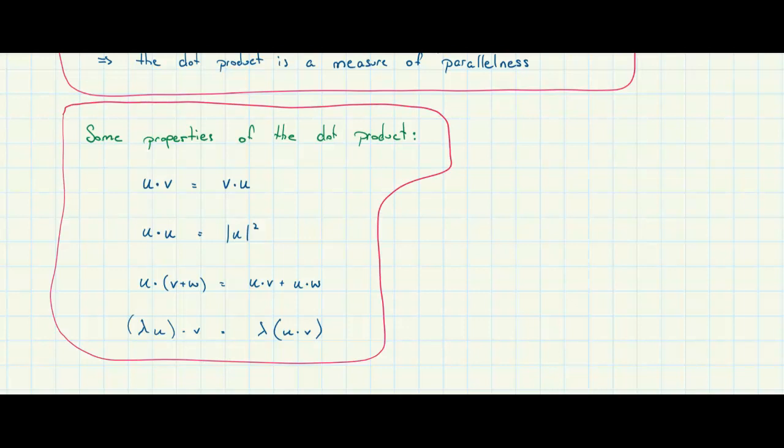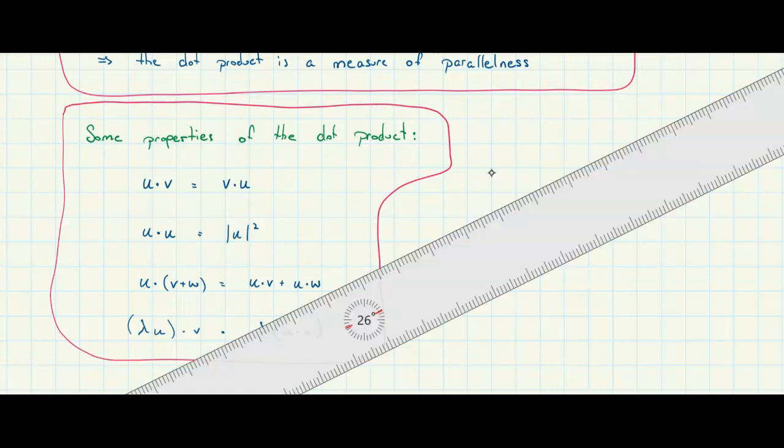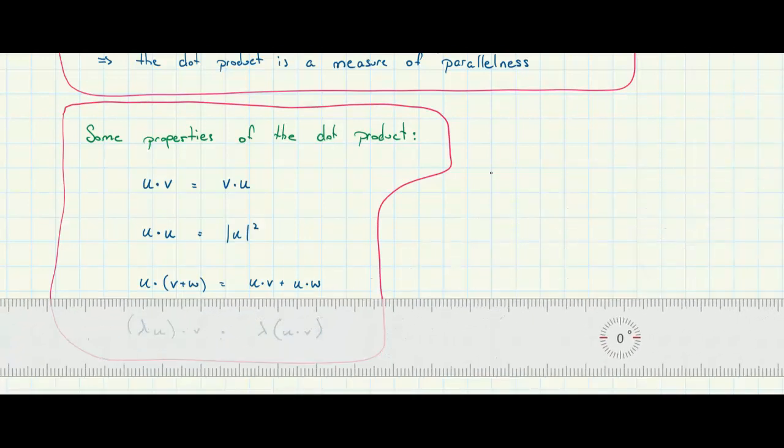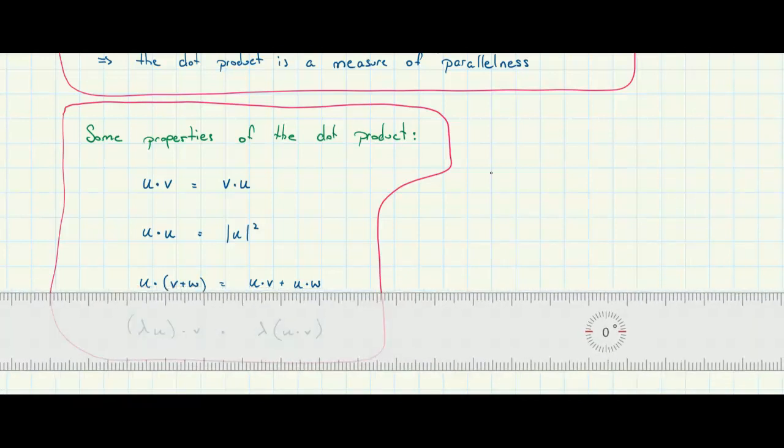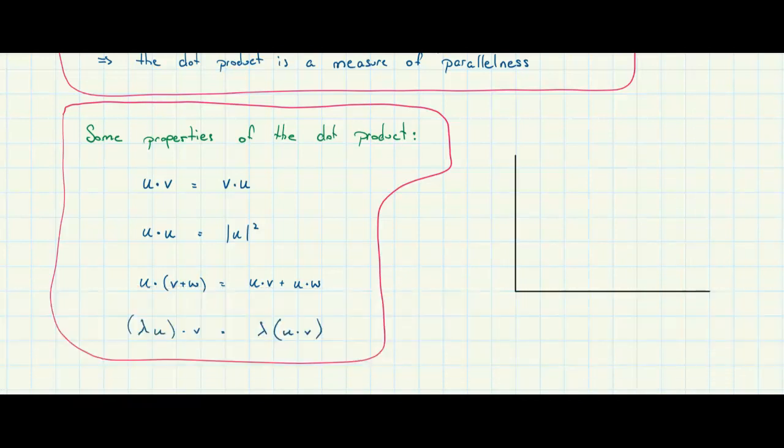If we have perpendicular vectors, well, there's two ways of looking at it. If we've got vectors a here and b here that are perpendicular, then the dot product a dot b will equal, well, there's no parallelness. There's no direction. We can't project b onto a at all. So b onto a gives a projection of 0.